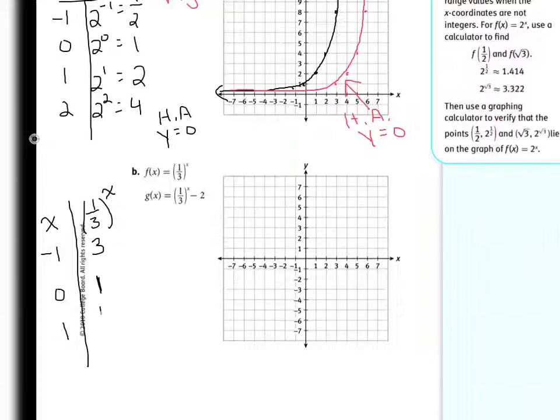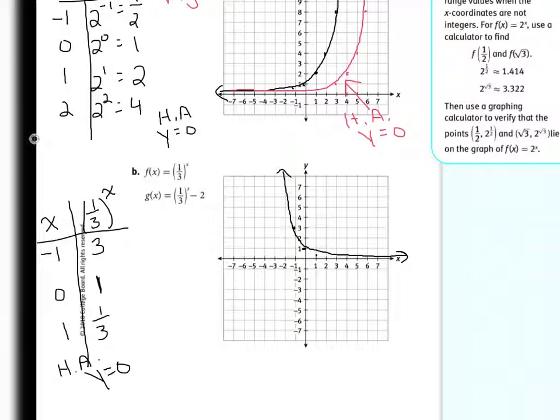And 1/3 to the first power gives me a 1/3. So this one is going to look more like this. Let's go ahead and give its horizontal asymptote. That parent graph always has the horizontal asymptote at y equals 0.